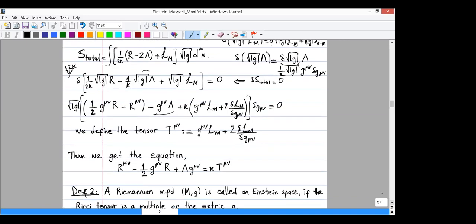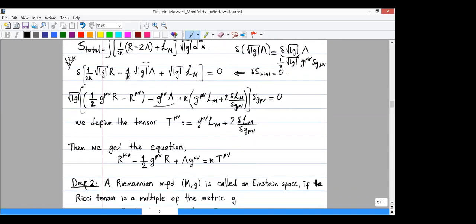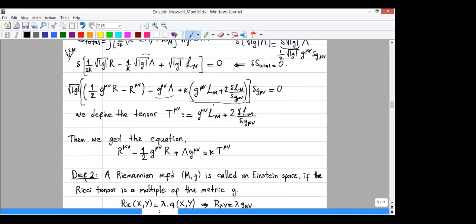Good. Here at this point, we are defining the tensor T_μν with the indices up, and it is g_μν Lm, just this term, g_μν Lm plus 2 variation of Lm over variation of g^μν. Then if I define this tensor and insert it here, then this has to be altogether 0.